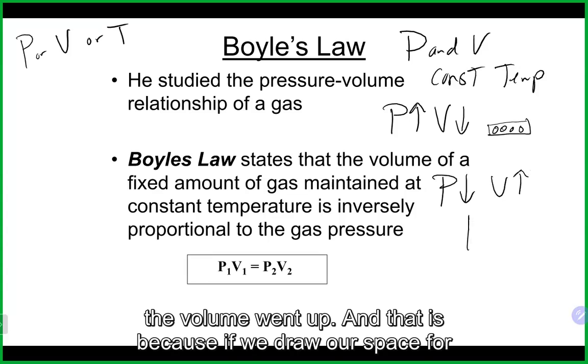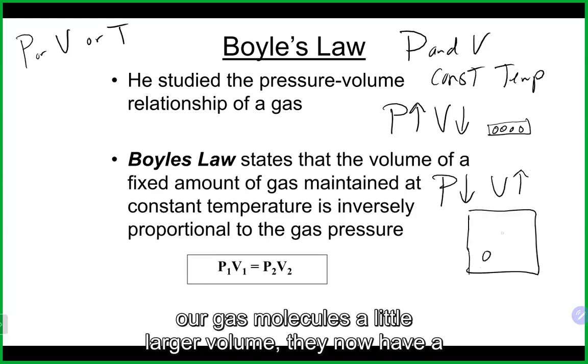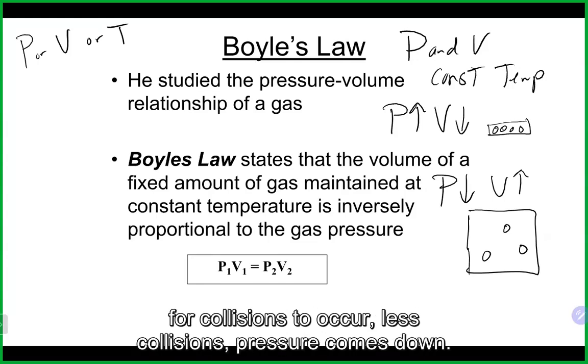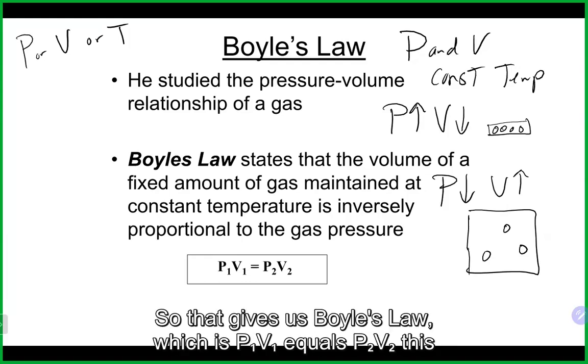If we draw our space for our gas molecules a little larger, they now have a lot more room to fly around in, and it's going to take longer for collisions to occur. Less collisions, pressure comes down. So that gives us Boyle's law, which is P1V1 equals P2V2.